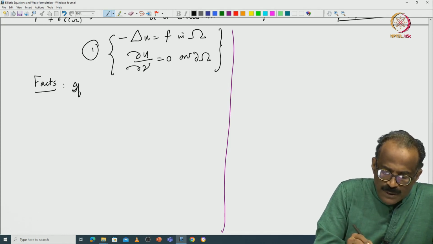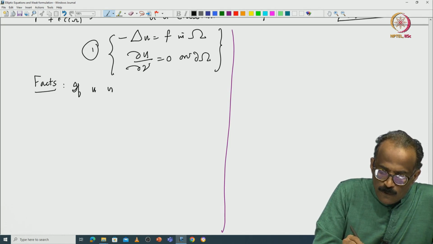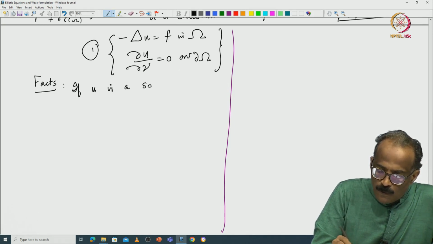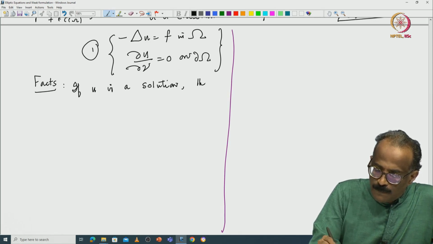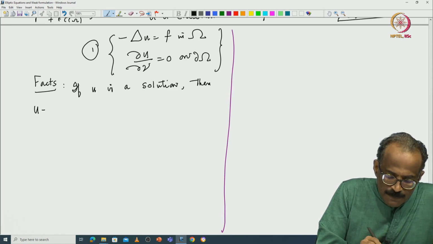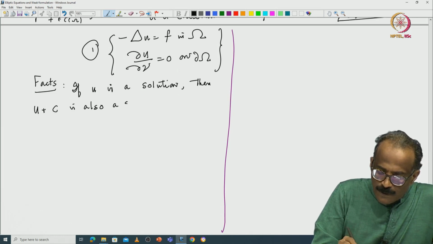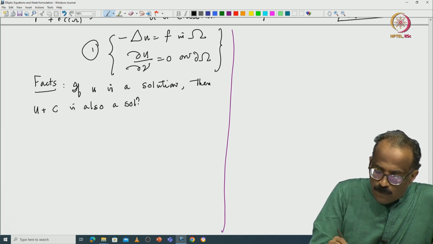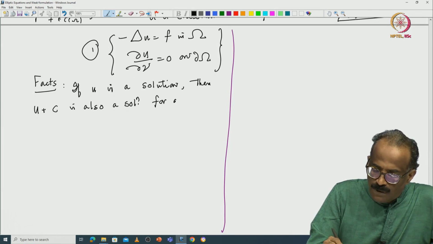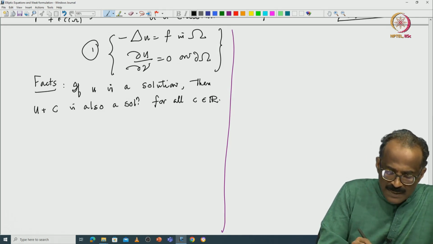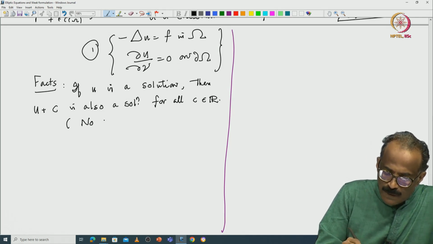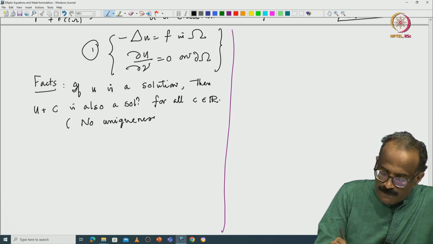If u is a solution, then u plus c is also a solution for all constants c in R. So, that means there is no uniqueness.